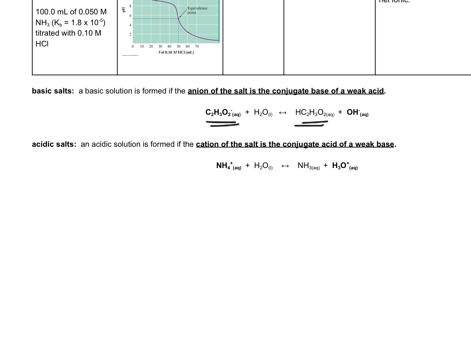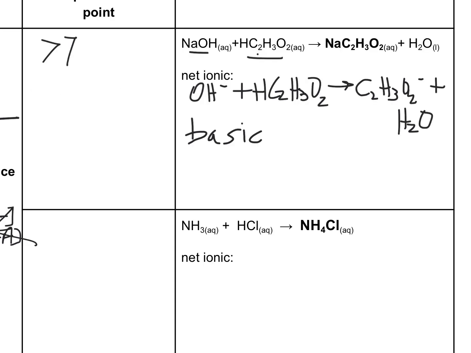And you know it's basic because it is making hydroxide ion. So for basic salts, look at the anion, and if it comes from a weak acid, it can go back and reform that weak acid, along with, of course, hydroxide, making it a basic salt.